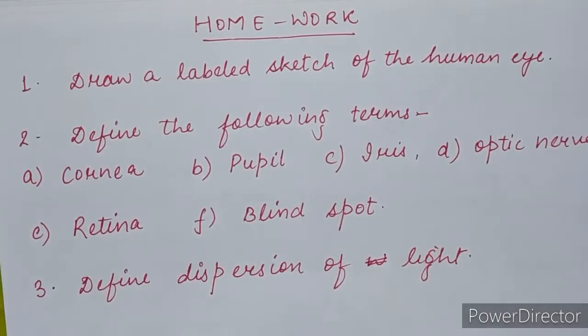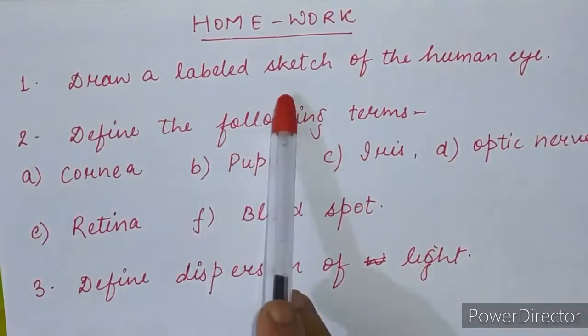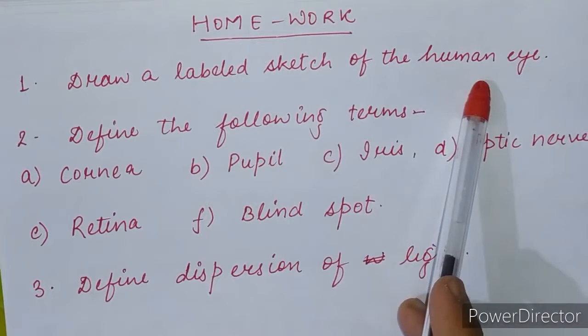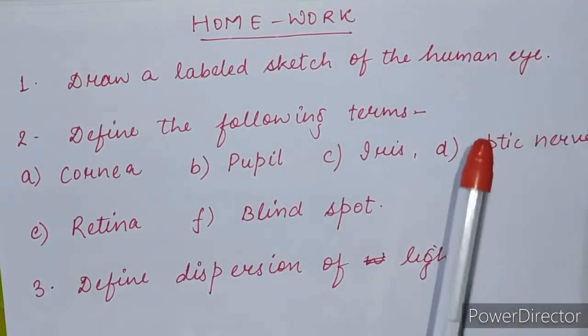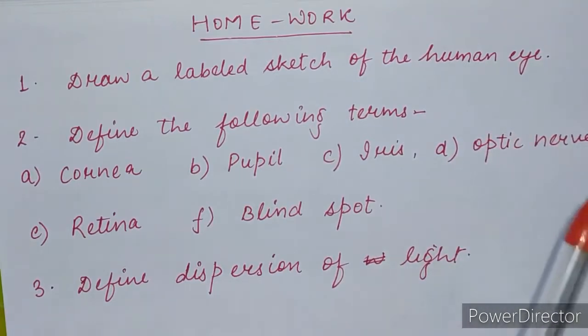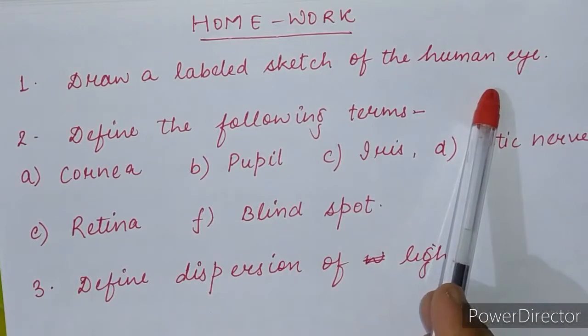Now let's move towards today's homework. First question is, you have to draw a labeled sketch of the human eye. Labeled sketch means you have to show each and every point: pupil, iris, ciliary muscles, lens, retina, each of the points. A neat and clean labeled diagram you have to make.